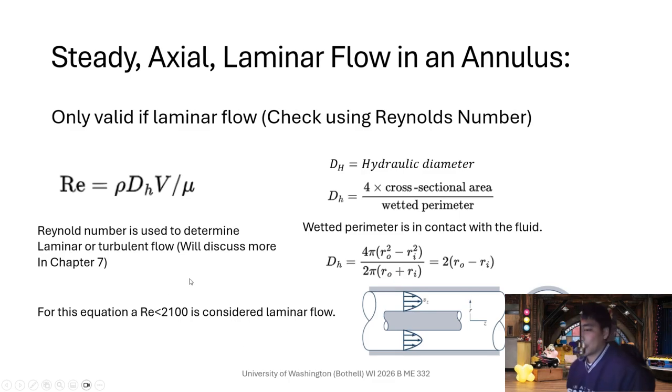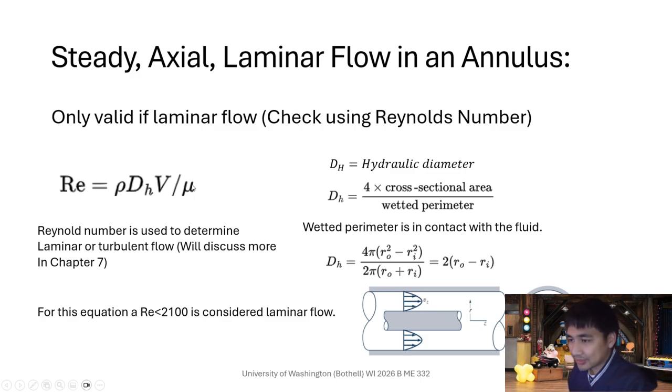So essentially, in your problem, you're probably just going to plug in these values and check what number you get, and then they're going to give you a number like 2100. For this equation, if your Reynolds number is less than 2100, it's considered laminar flow.